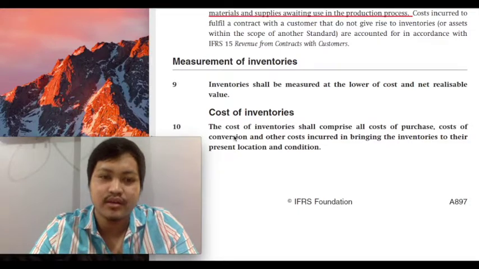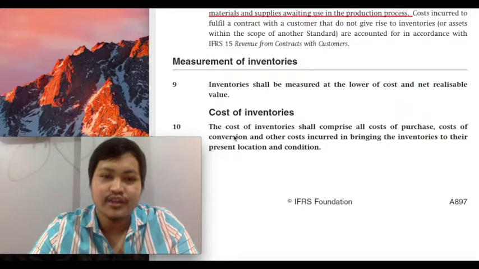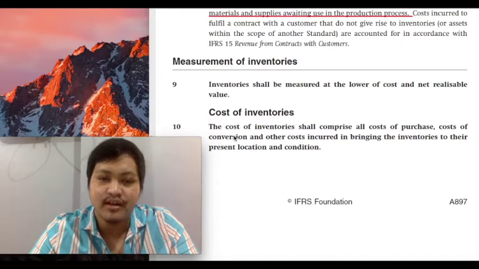Every subsequent reporting period, class, you will have to compare the original cost of the asset and its net realizable value at the date of the financial statements. Whichever is lower between the two, that would be the amount that will be used as the carrying amount of the inventory in the financial statements.